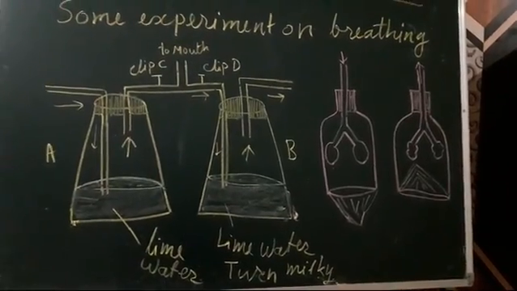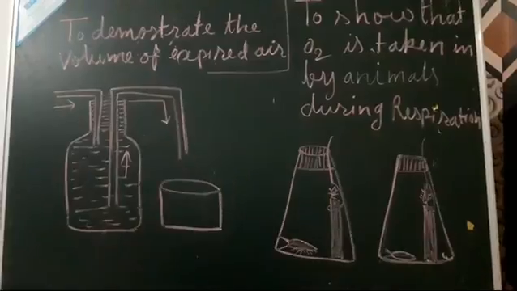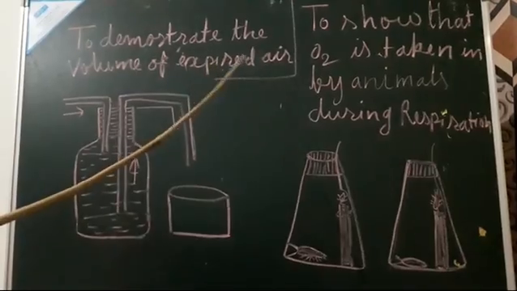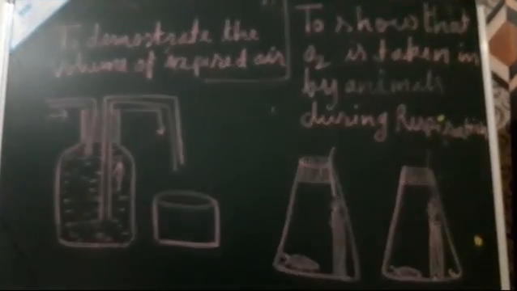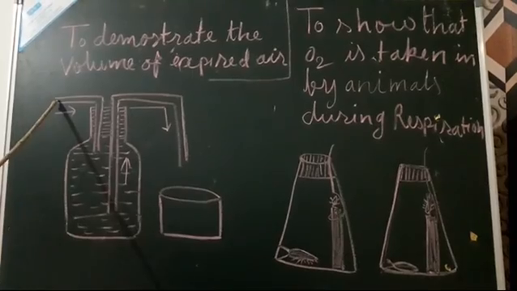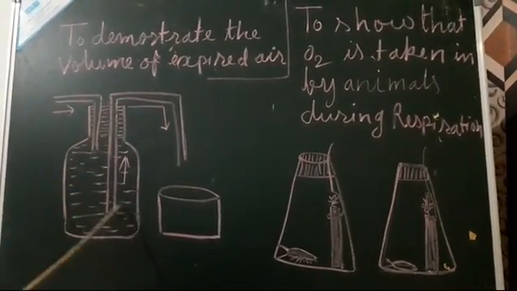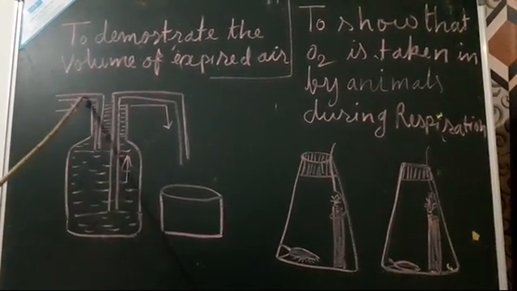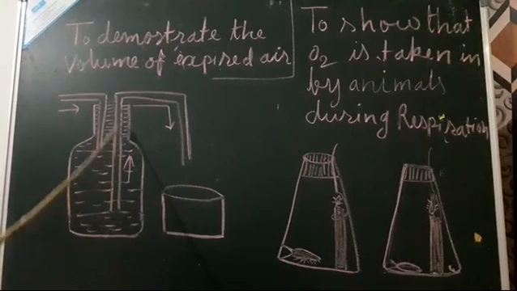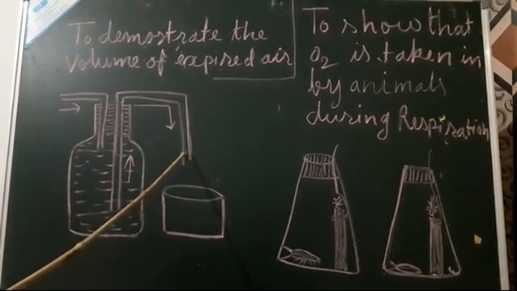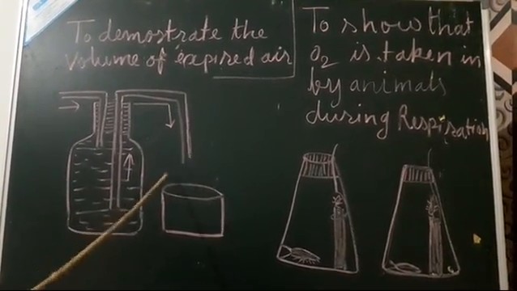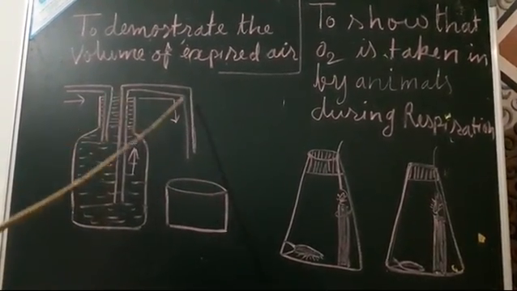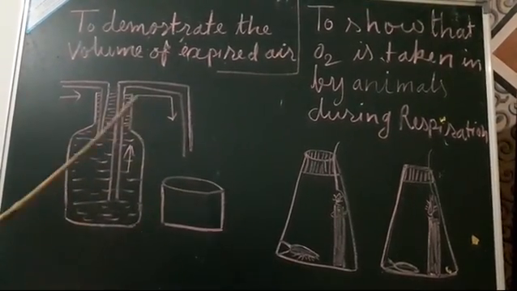And next, to demonstrate the volume of expired air. First of all, we set up an apparatus: take a bottle filled with water and a glass tube is inserted here. Another glass tube is set here in this way, and a container is kept here so that the water moves from here and falls here.